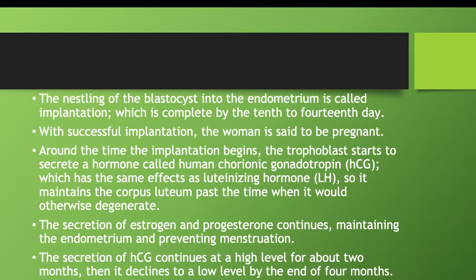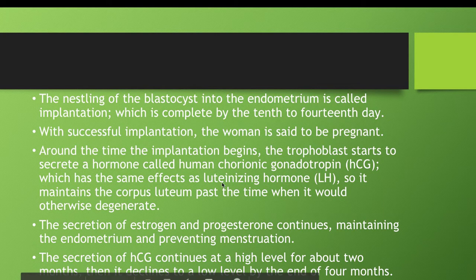This has the same effects as LH, so this maintains the corpus luteum past the time when it would otherwise degenerate. So remember back to chapter 14, you go through your menstrual cycle, in which at the very end of the menstrual cycle is when the corpus luteum would start to degenerate, and then you would have your period.